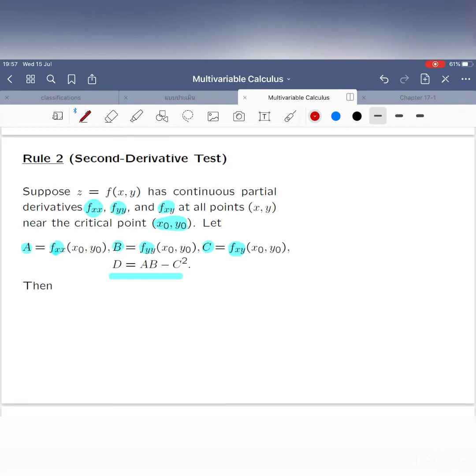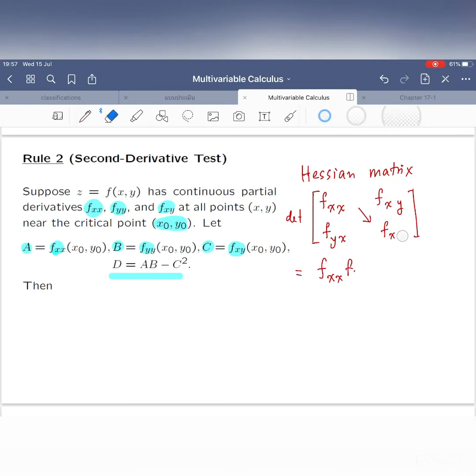We just need to recall a little bit that you used to learn about the so-called Hessian matrix. And the Hessian matrix for your two variable function looks like this, remember. And then what you are going to find is the determinant of the Hessian matrix, which is the downward multiply minus the upward multiply.